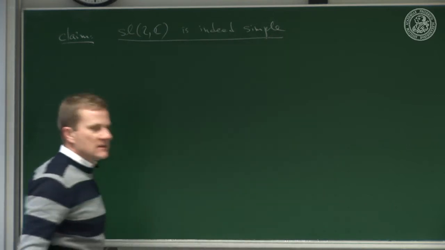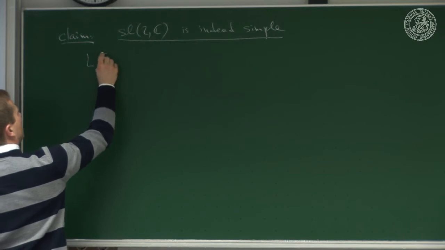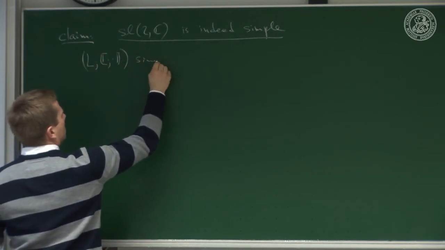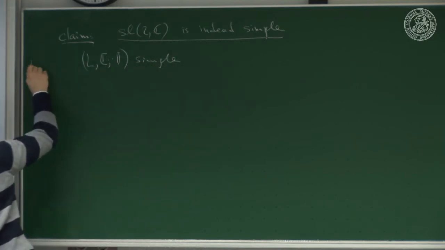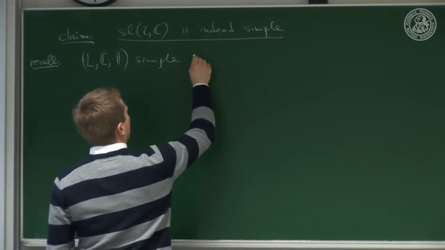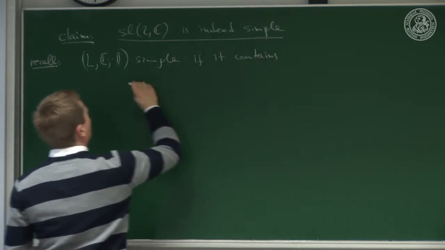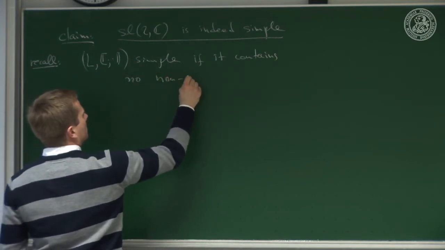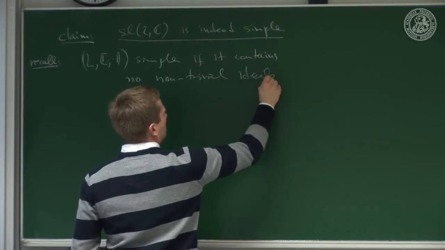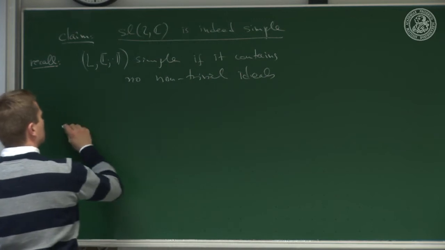Now, what was the definition of a Lie algebra being simple? A Lie algebra L is simple. So this is a reminder. A Lie algebra is simple if it contains no non-trivial ideals. And what is an ideal?